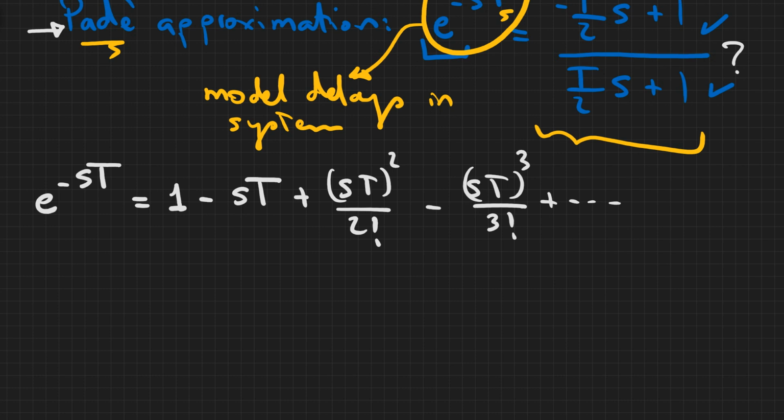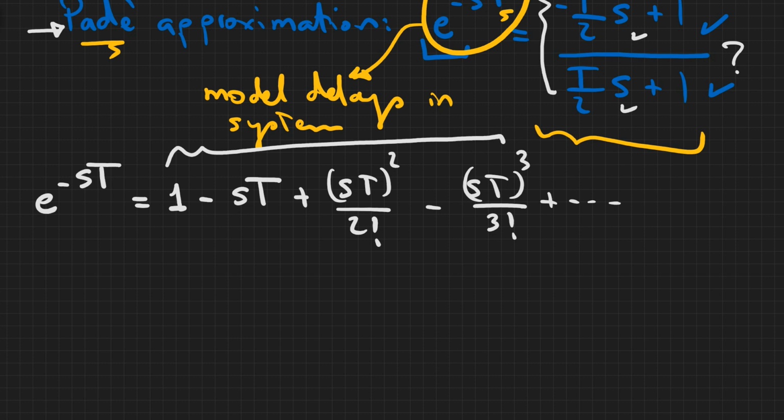What we actually want is a rational function that tries to approximate this power series. The advantage of using a rational function is that this is a first order rational function, so we have a first order numerator and first order denominator.